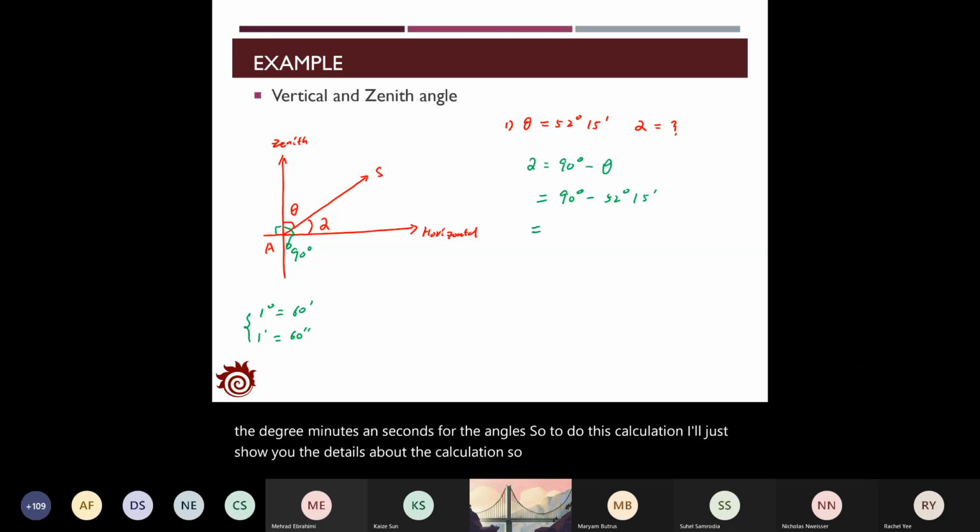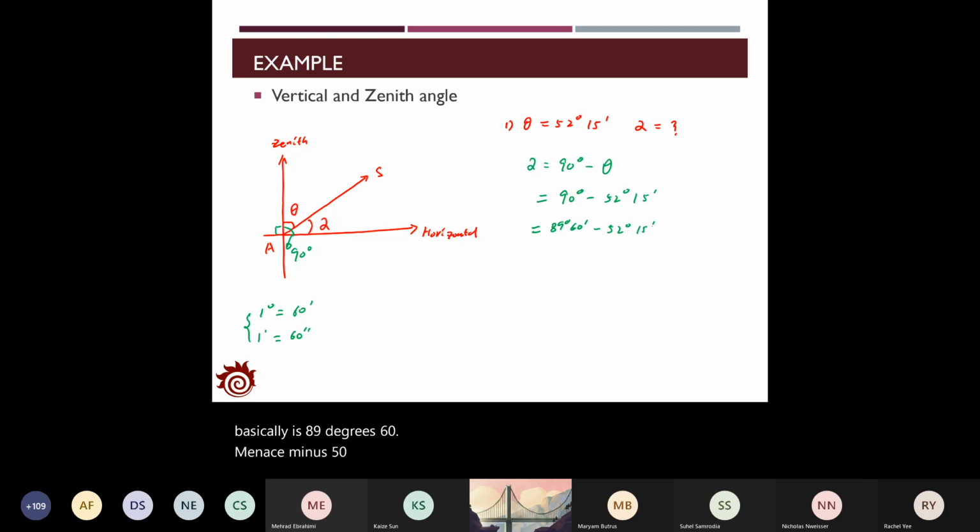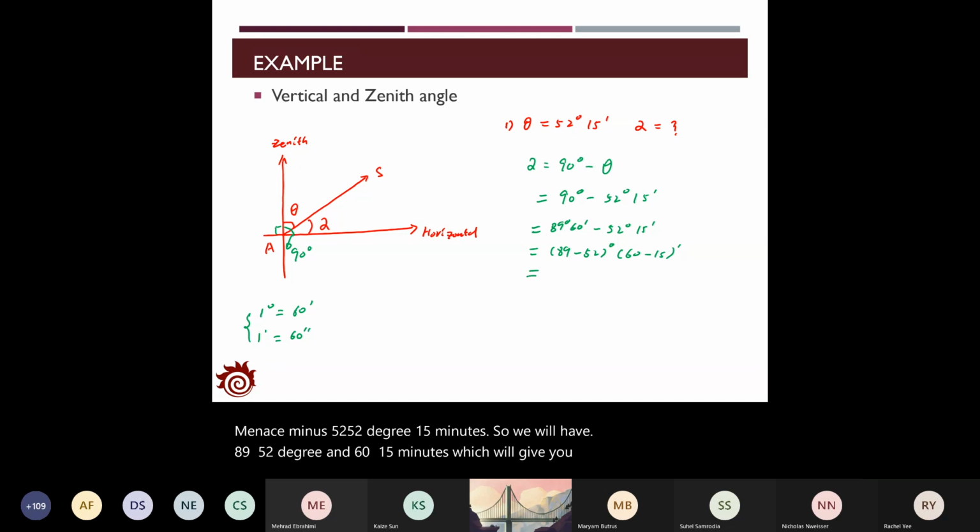So the 90 degrees basically is 89 degrees 60 minutes minus 52 degrees 15 minutes. So we have 89 minus 52 degrees and 60 minus 15 minutes, which gives the result of 37 degrees 45 minutes. That's the way for you to find out the value of alpha.